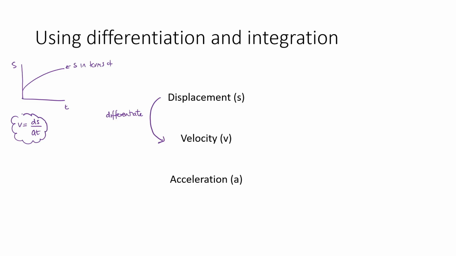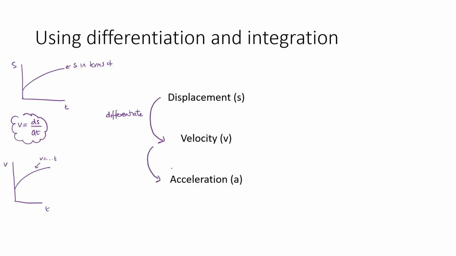Now, if we look at the equation plotted on a velocity time graph, and I draw a particular line there, then the equation of this line is going to be v in terms of t. Now, if I work out the gradient function by differentiating it, then what the gradient function is going to give me is the formula for acceleration.